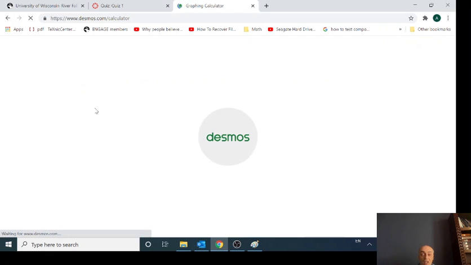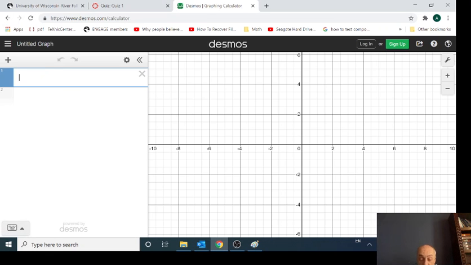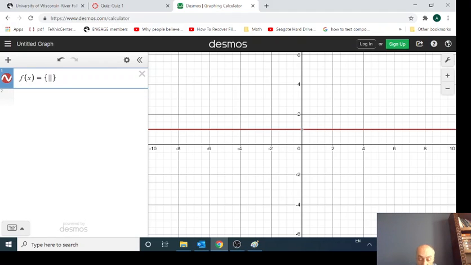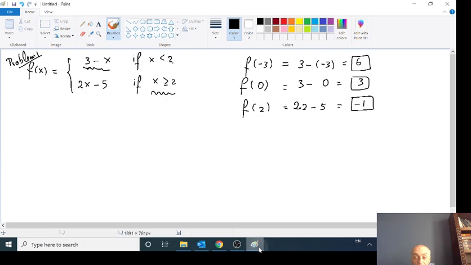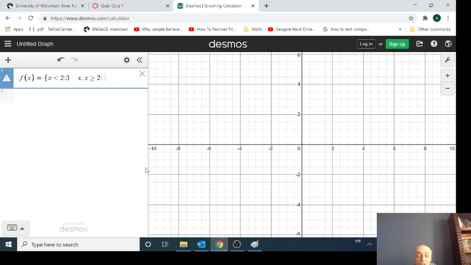I'm going to do exactly what you would need to do if you were in a test situation. f of x equals, again, remember the curly braces, x less than 2, colon, and then the formula 3 minus x, comma, and then x greater than or equal to 2, colon, and the formula was 2x minus 5.